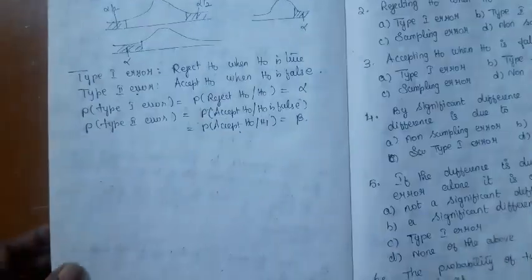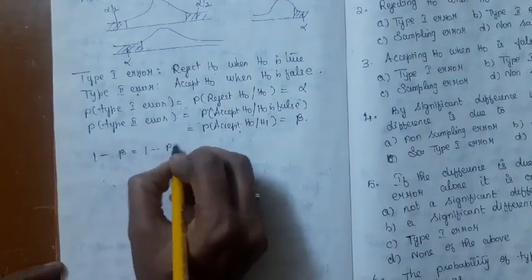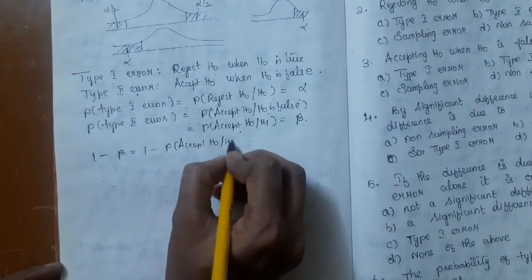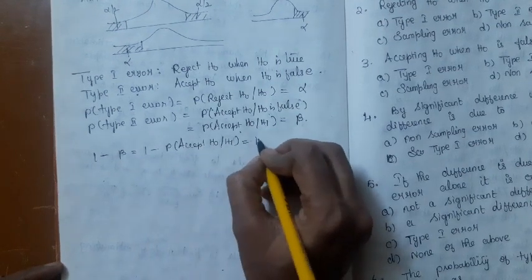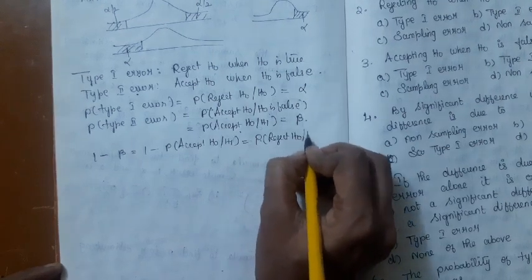So 1 minus beta will be 1 minus the probability of accepting H0 when H1 is true. That is the probability of rejecting H0 when H1 is true.